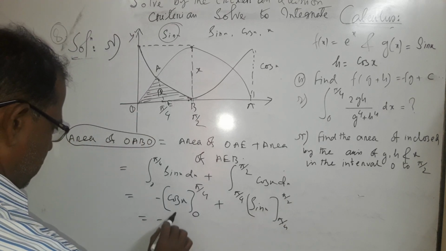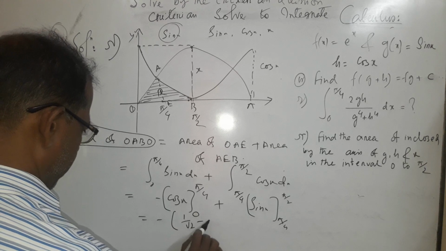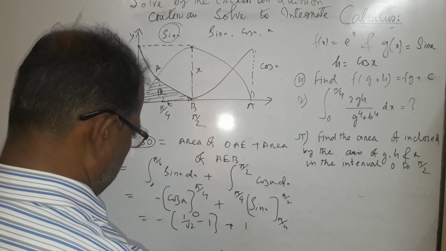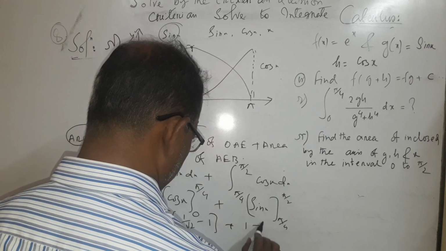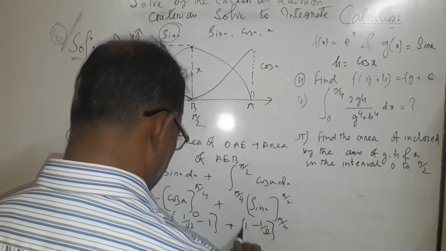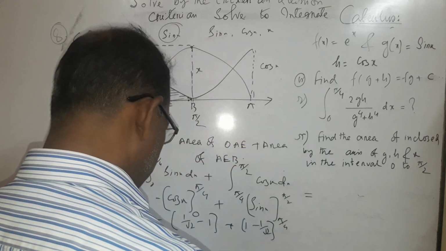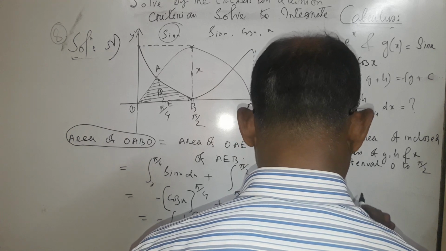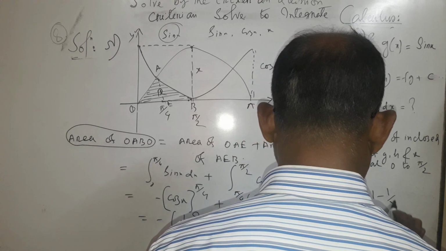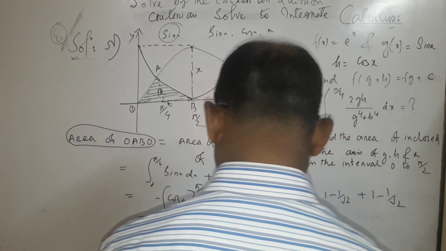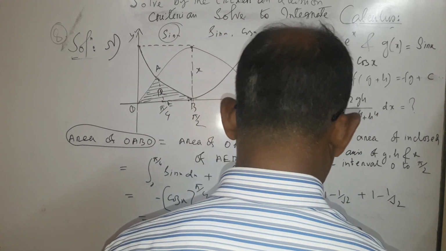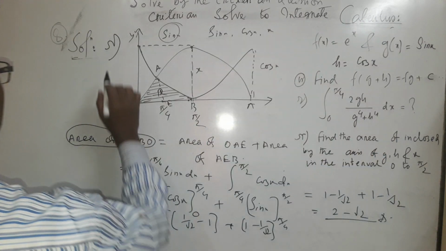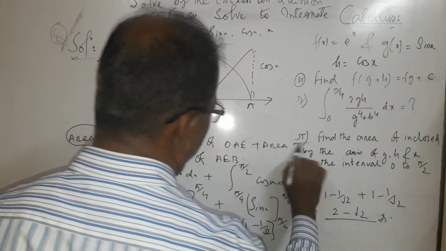So minus 1 by root 2 plus 1, plus 1 minus 1 by root 2, well equal to 2 minus root 2. This is the answer. This is the Ga.